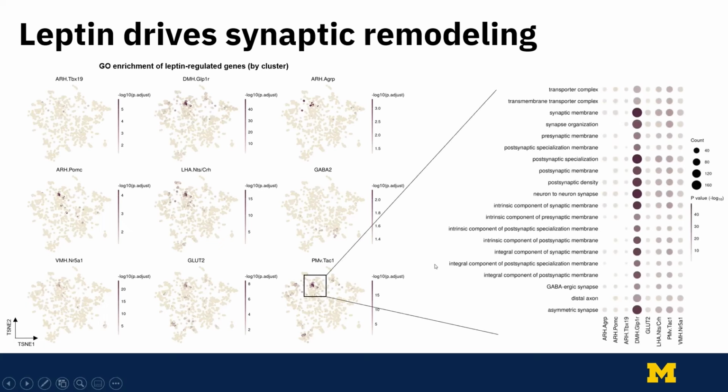When we zoomed in, you can see these are all associated with synapse assembly, postsynaptic membrane, and associations across the membrane, indicating that acute leptin treatment is driving acute changes in synaptic function and potentially in synaptic contacts.